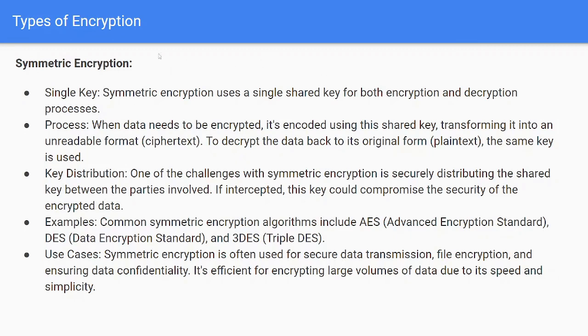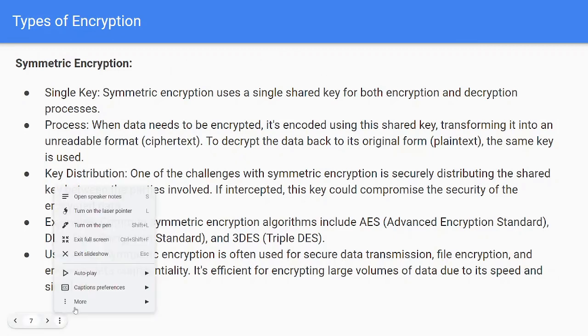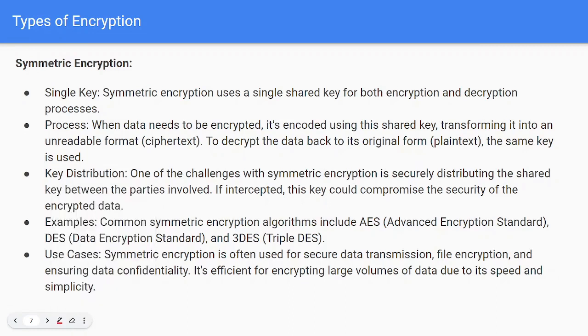Let's say you have a particular data now: meet me at noon. You can use one particular key to encrypt "meet me at noon" to make it unreadable, and then you can use that same key to make what was unreadable back to readable. Let me just use "noon" because it's too long to write.